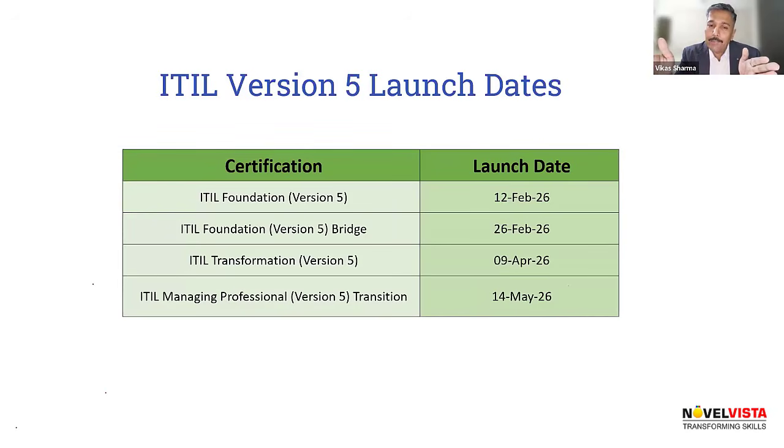Then the bridge was active for at least 1 year because they wanted to move people from ITIL V3 to ITIL 4 through that bridge. So they will give that amount of time, at least 12 months, to move from ITIL 4 to ITIL version 5 also. Yeah. Got it. Okay. Perfect. So the bridge will be active for that particular time.